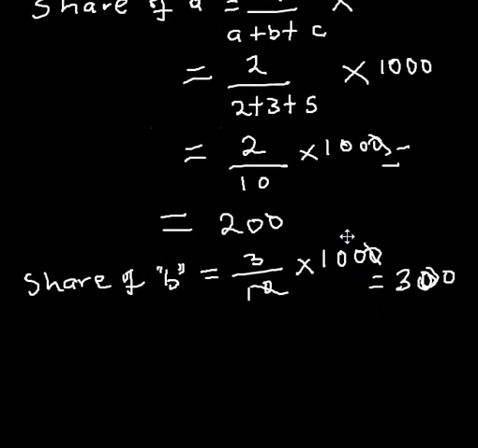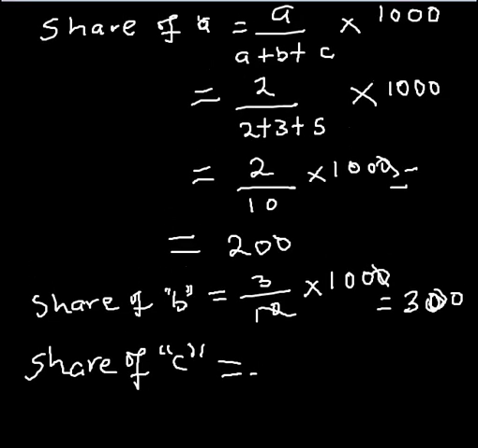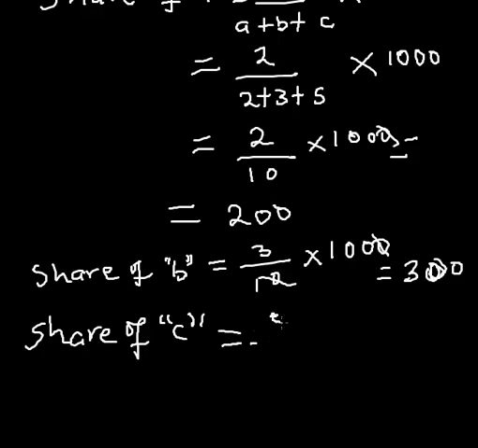Then C, the share of C. C ratio is 5 divided by total ratio 10 multiplied by the total amount, that is 1000.